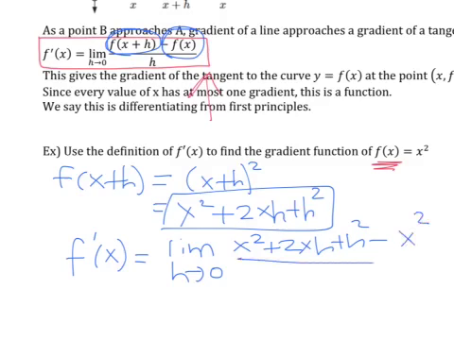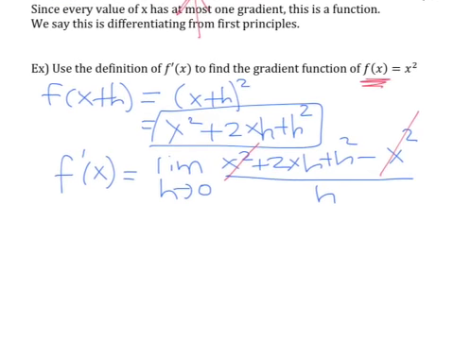And then we're going to put it all over h. Nice thing about this equation is that most of the time, many things will cancel out. In this case, my x squareds are going to cancel out, and I'm going to be left with the limit as h goes to 0.